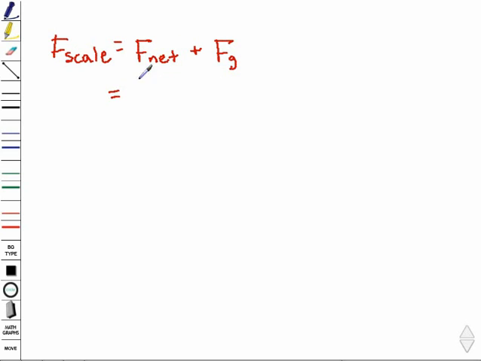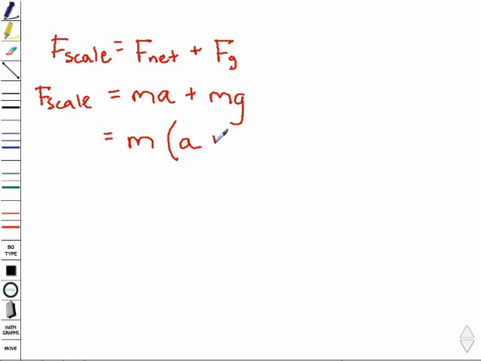And from before, remember that according to Newton's second law, a net force is equal to a mass times its acceleration. And then for the weight, we plugged in the object's mass times the acceleration due to gravity. So our force of the scale is going to equal mass times acceleration plus the mass times the acceleration due to gravity. Both of these terms have m's in them, or mass, so I'm going to factor that out. And all we have left is the acceleration of the elevator plus the acceleration due to gravity.